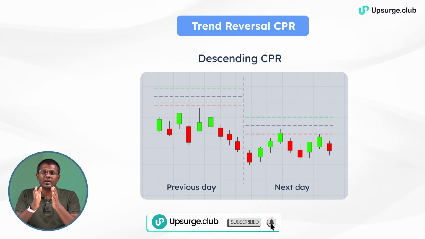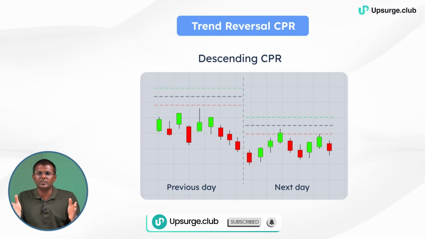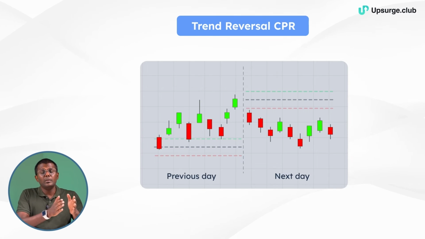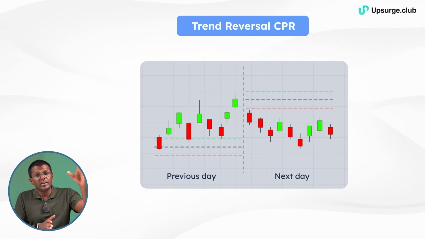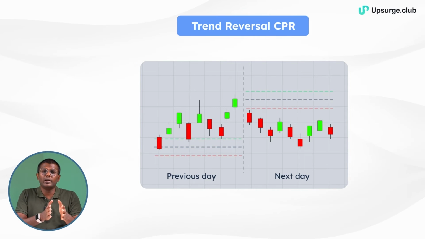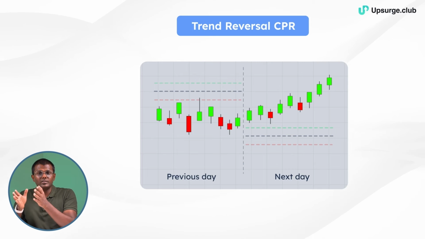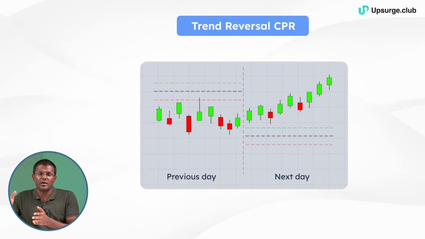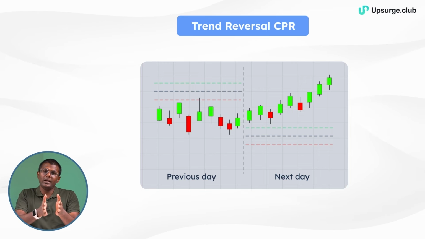So this is the criteria for an ascending and descending CPR. Now, if the candles are trading below daily CPR on an ascending CPR day, it is called a trend reversal CPR. In the same way, on a descending CPR, if the candles are trading above the daily CPR, then it is called a trend reversal CPR. So, this denotes the trend is changing.